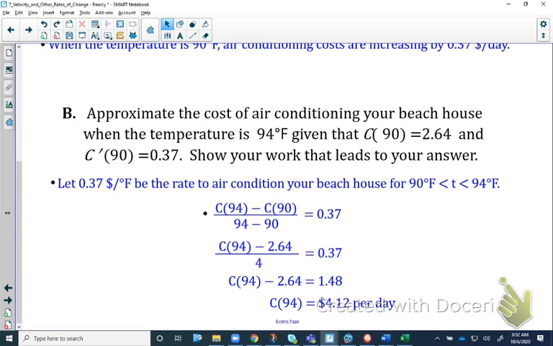And again, it may not seem like it's a lot, but think about July. July is 31 days. So real quick, what would that be? 412 times 31 days. That would be about $128 just for the air conditioner.